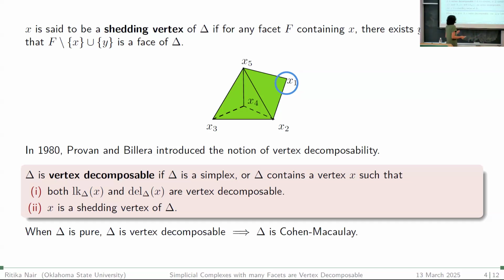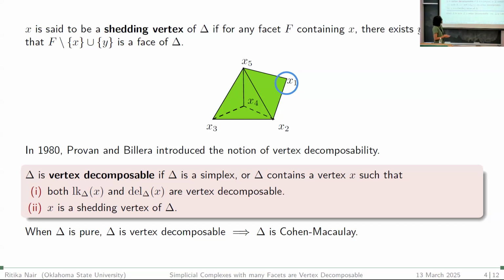A property that lies between these two is shellability, which I'm conveniently sweeping under the rug because I'm not talking about shellability here. So, as we see, vertex decomposability is a stronger property than being Cohen-Macaulay.